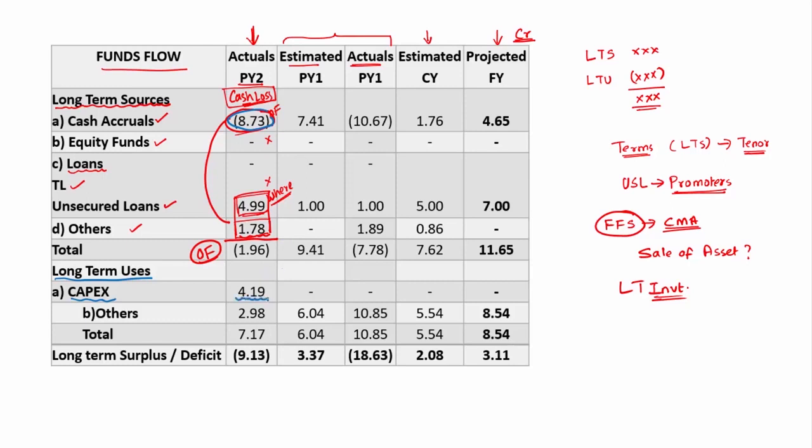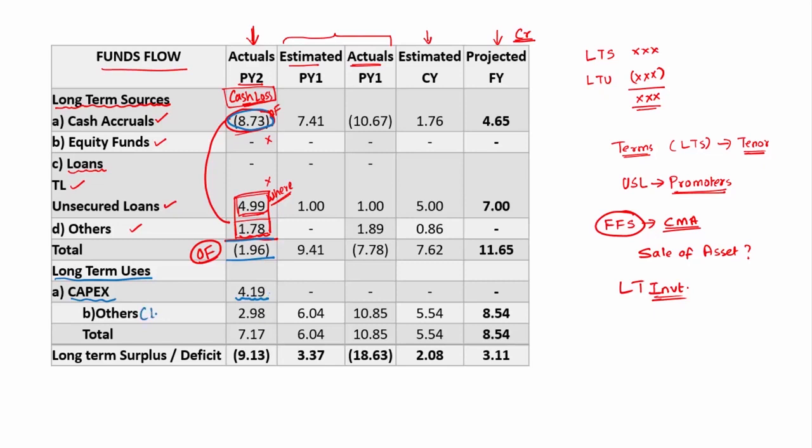Look at this, 4.19 crore they have invested in capital assets. But if you look at the long-term source, they don't have long-term source at all, because their long-term source is negative. So it is actually a long-term use. So they have not mobilized any money, but they are spending 4.19 crore on capital assets and on others.